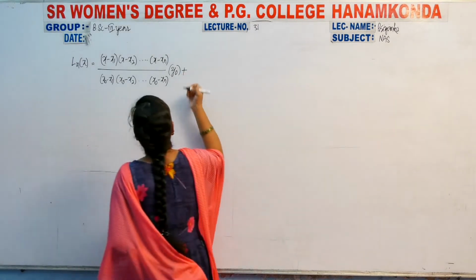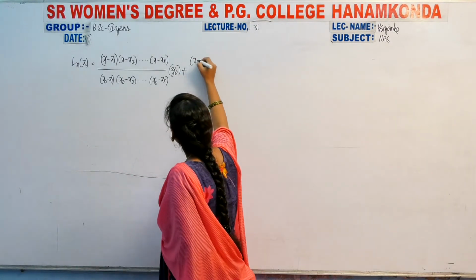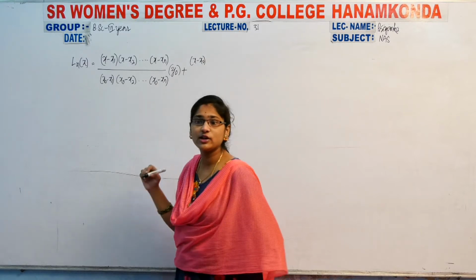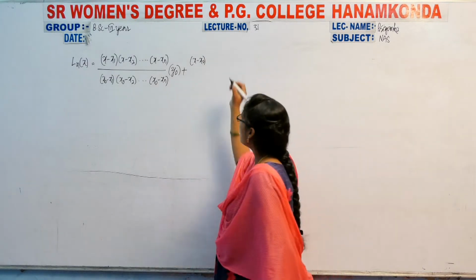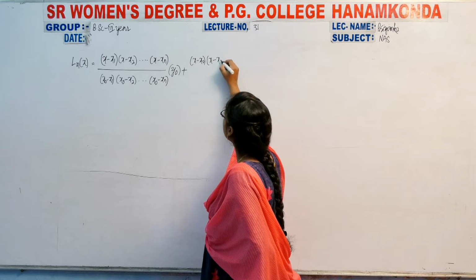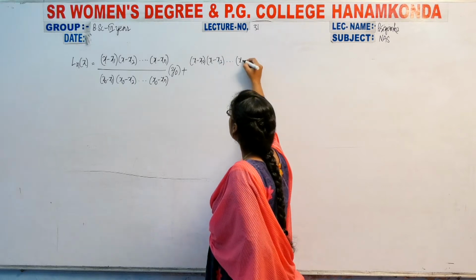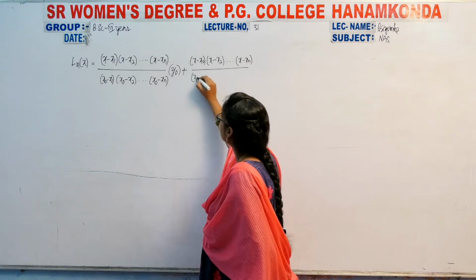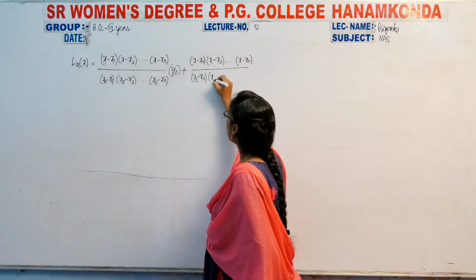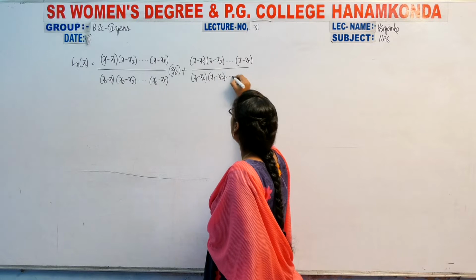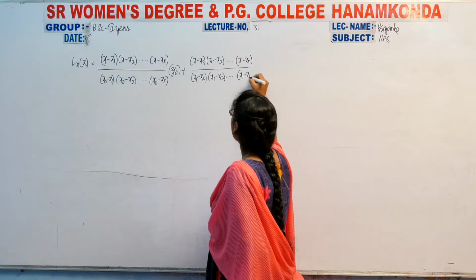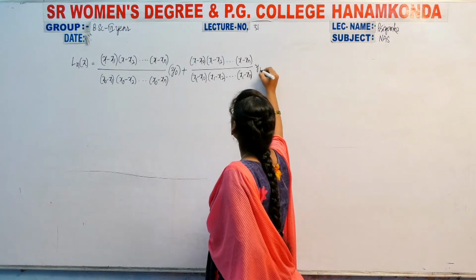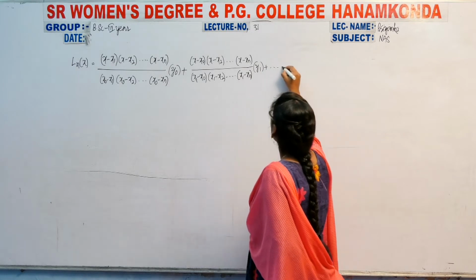Next, plus x minus x naught. Here, which value do we have to ignore? x1. So into x minus x2, and so on, x minus xn, by x1 minus x naught, x1 minus x2, and so on, x1 minus xn, into y1, plus so on.